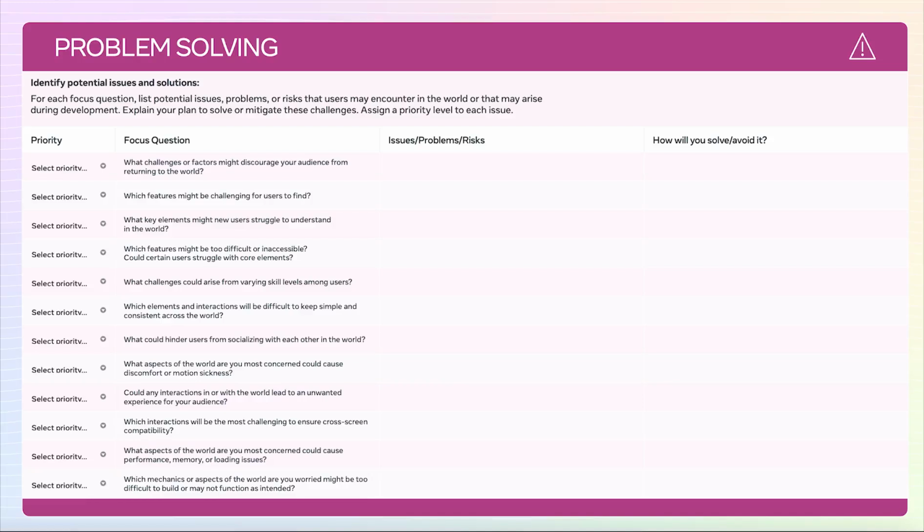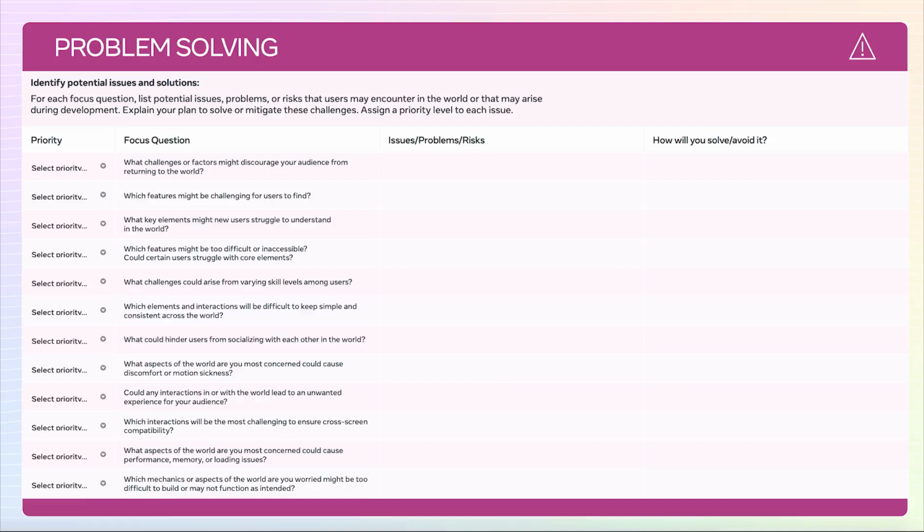With this form, we've added a bunch of different focus questions for you to go through and read. This is just a small list compared to the hundreds or thousands of different issues that can be met in the world, so it's a starting point.